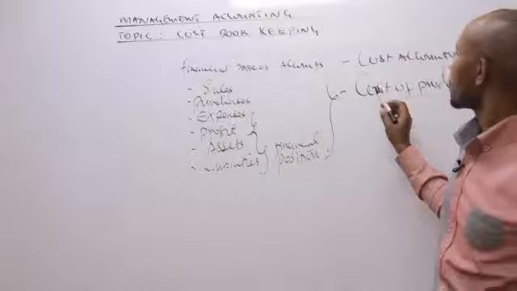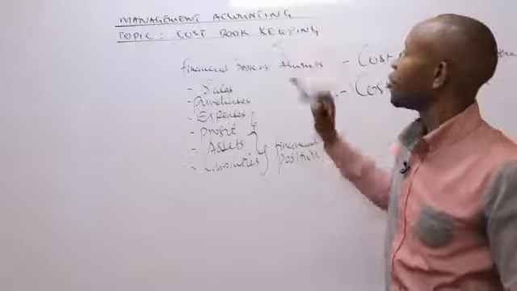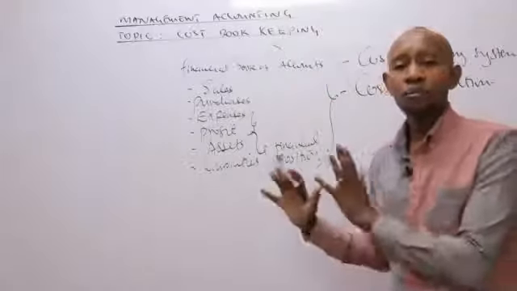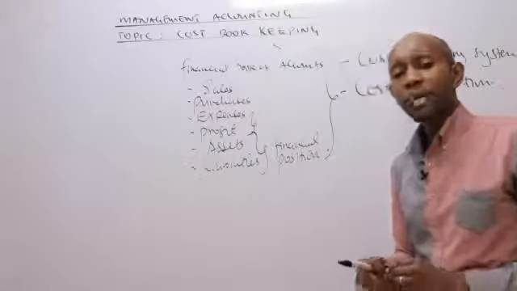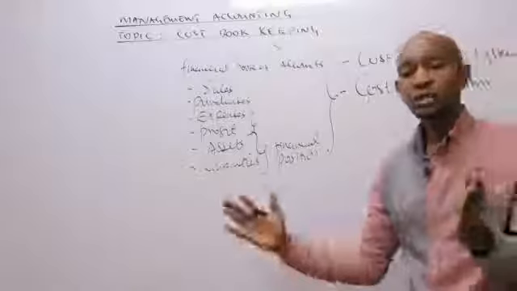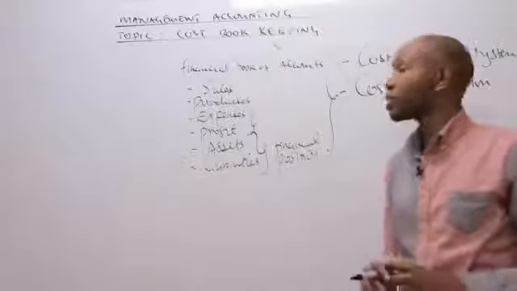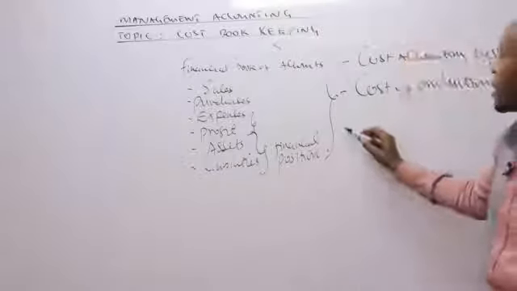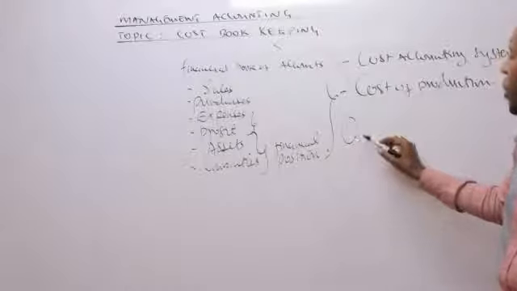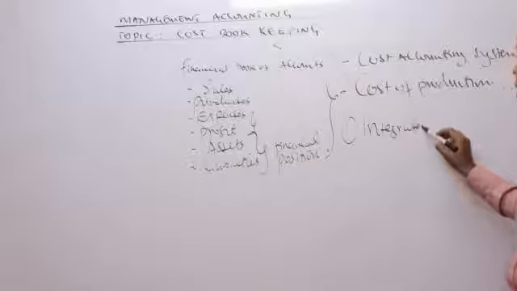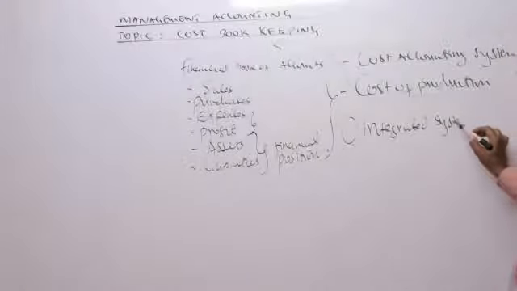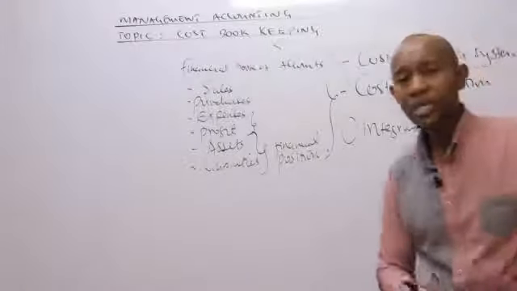Now, that is why we want to look today at what we call cost bookkeeping. In cost bookkeeping, there will be mainly two systems. The first system, I will call the integrated system of accounting.